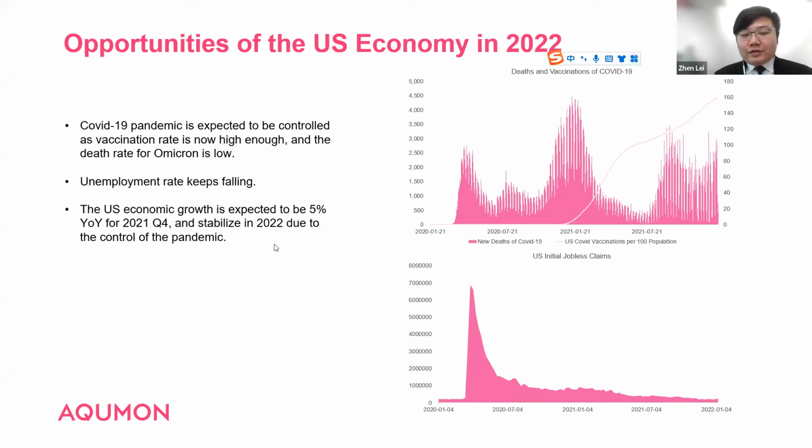Finally, we see that the US economic growth is expected to be 5% year-on-year growth for the last quarter of 2021 from the consensus point of view. And we also believe that the economic growth can stabilize in 2022 due to the control of the pandemic.